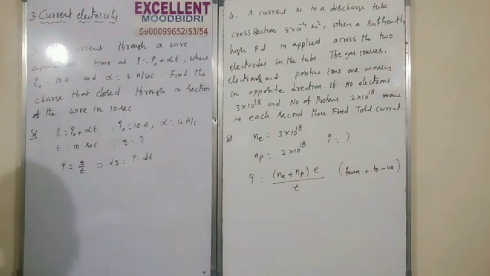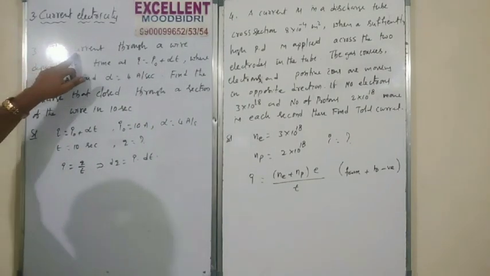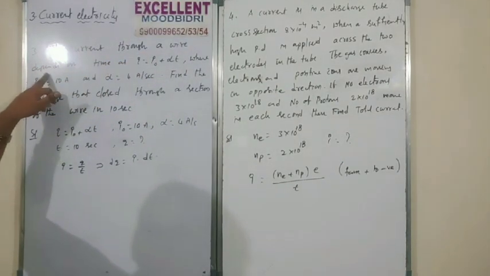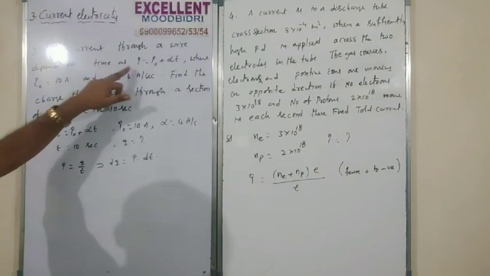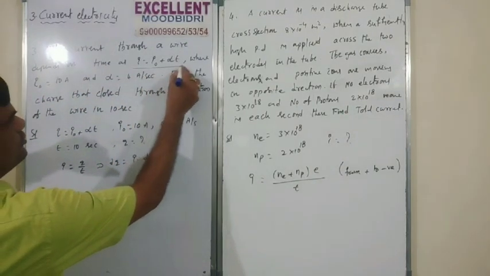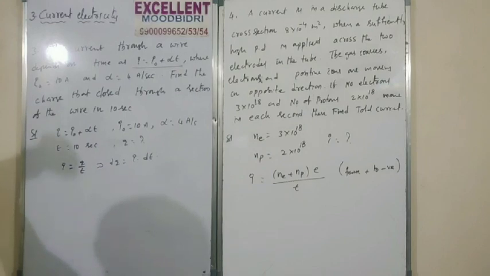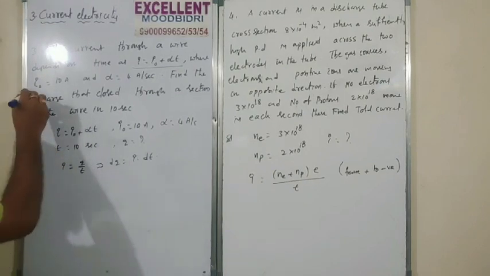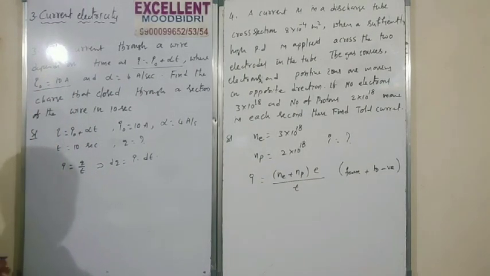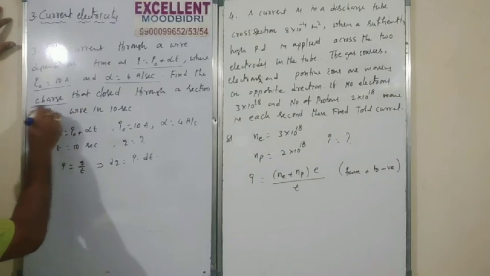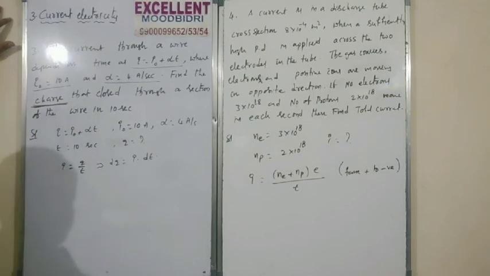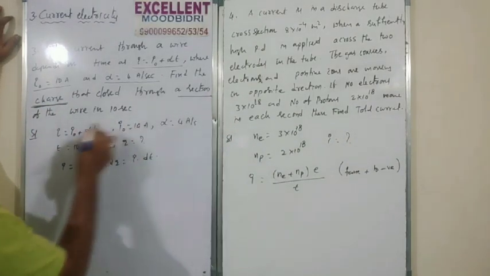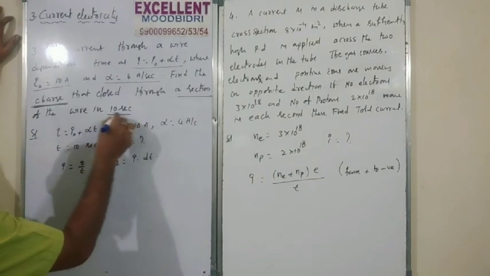Next, problem number 3. What is given? The current through a wire depends on time as I is equal to I naught plus alpha into T, where I naught is equal to 10 amperes and alpha is equal to 4 ampere per second. Find the charge that flowed through a section of the wire in 10 seconds.